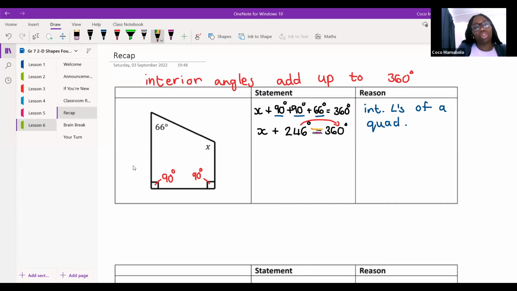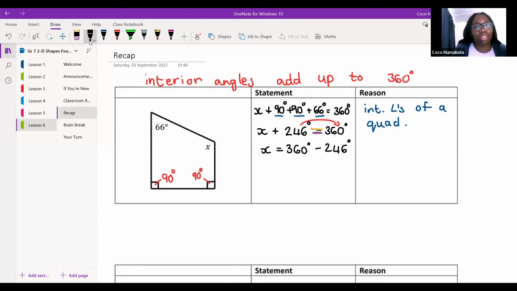If it's plus 246 degrees when it goes over to the other side, what does it become? Oh, everybody's just crushing it in the chat. It becomes 360 degrees minus 246 degrees. Excellent. So x is equal to 360 degrees minus 246 degrees.